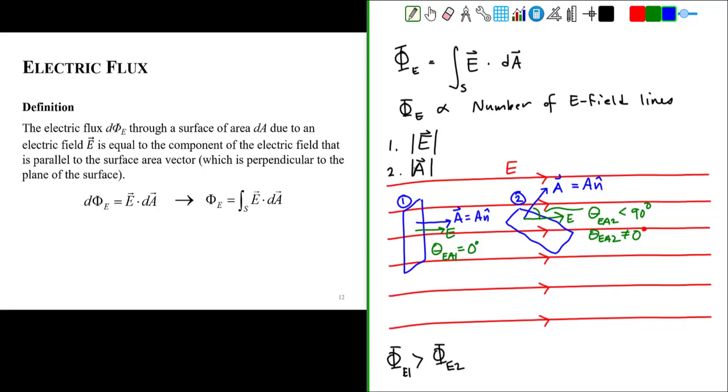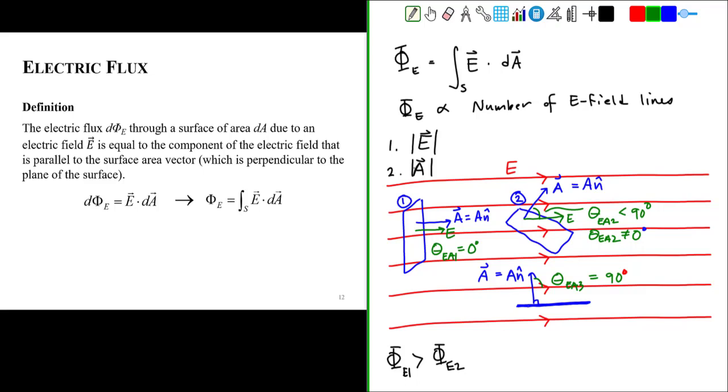Now let's look at a third situation in which we rotate the original surface by 90 degrees from its original orientation. That means the area vector is pointing straight up. The size of the surface hasn't changed, only its orientation. The electric field is still pointing to the right. And so notice there is an angle of 90 degrees between the electric field and the area vector.